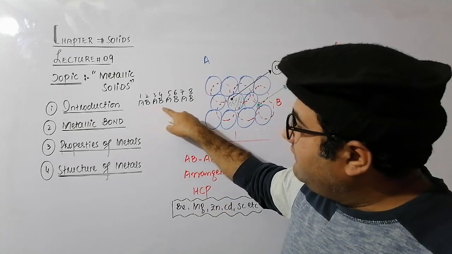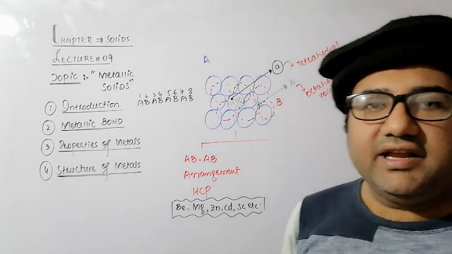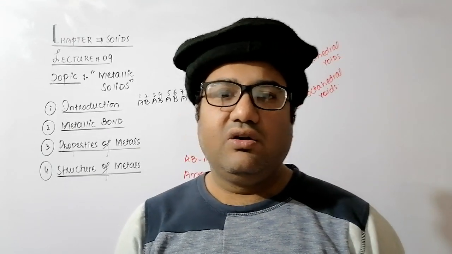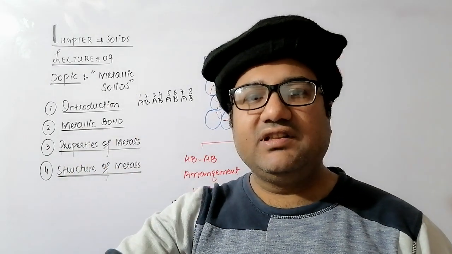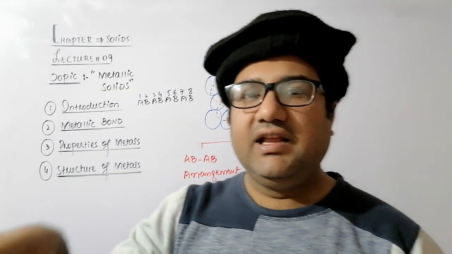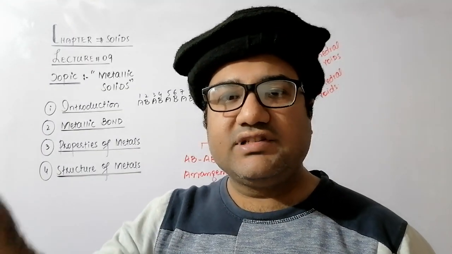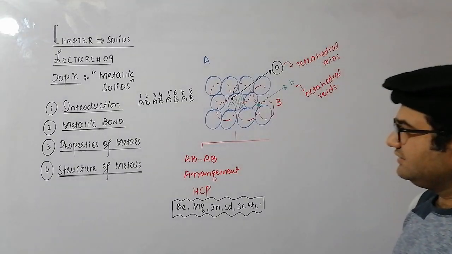All the layers having odd numbers will be exactly over each other, and all the layers having even numbers will be exactly over each other. So first, third, fifth, seventh, ninth, 11th, 13th, and so on, will lie exactly over each other. In the same way, second, fourth, sixth, eighth, 10th, 12th will lie exactly over each other.